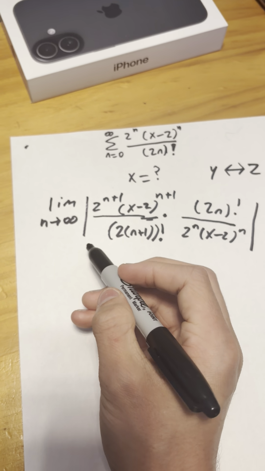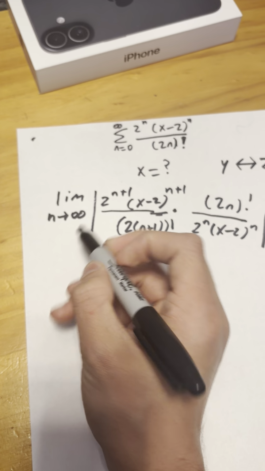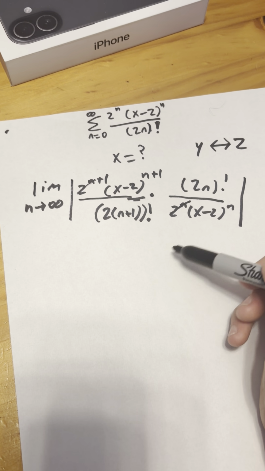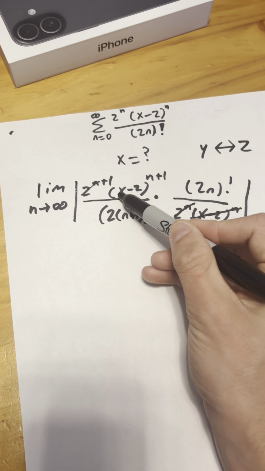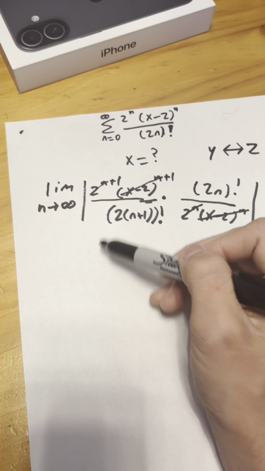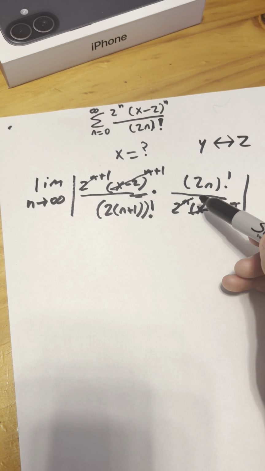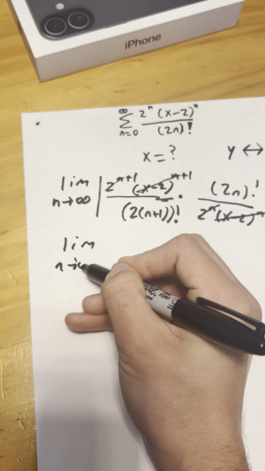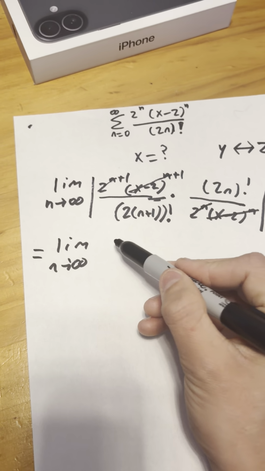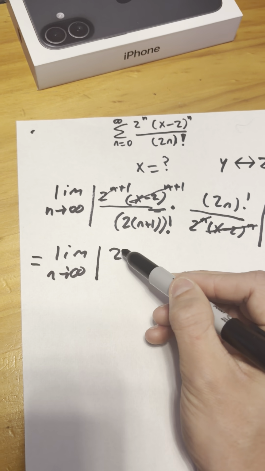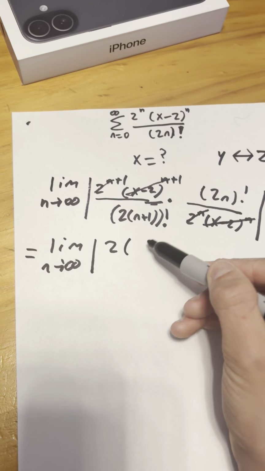Okay, we can simplify this. The 2n's cancel. The x minus 2n's cancel. And don't forget about these 1's. So the 2 is still there.